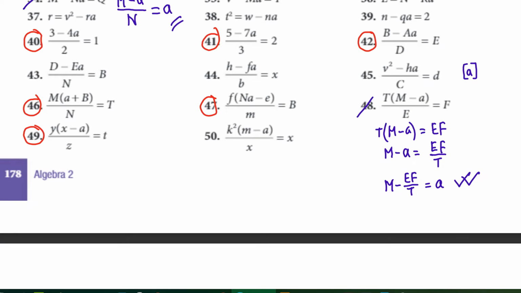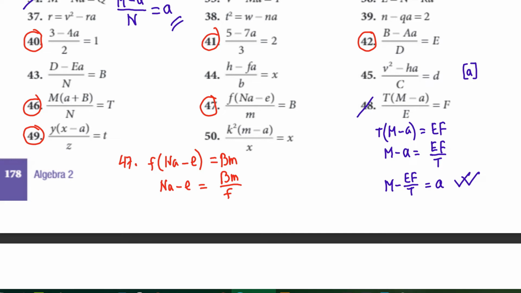For doing question 47, we can keep it the way it is written, F into Na minus E, and on the right side if we multiply, that becomes capital B then N. Now inside the bracket we can isolate from F by writing Bm divided by F. Take F to the right side, because it is multiplied on the left side, it goes to the right side in division form.